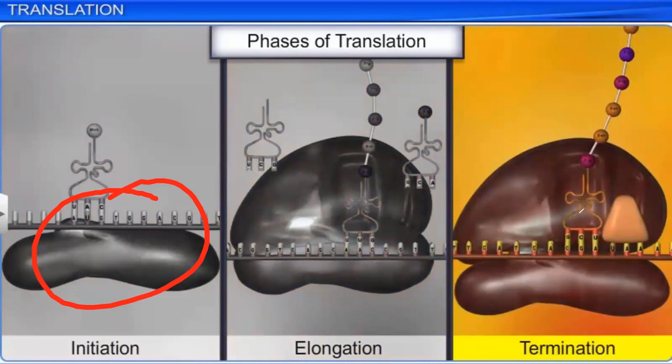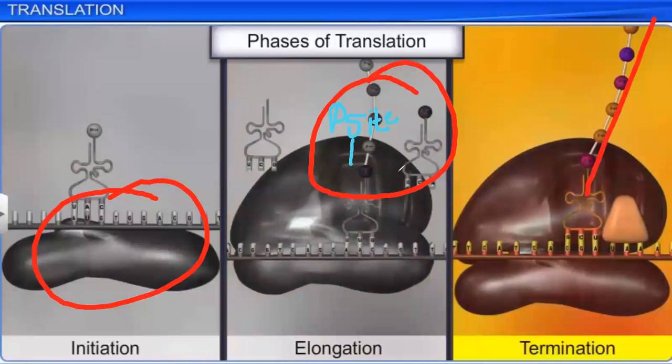Other than that, it has two sites available on a ribosome for two tRNAs at a time. At a time, two tRNAs come and sit on the ribosome. Every time, the groups come together, forming the bond and forming the protein.